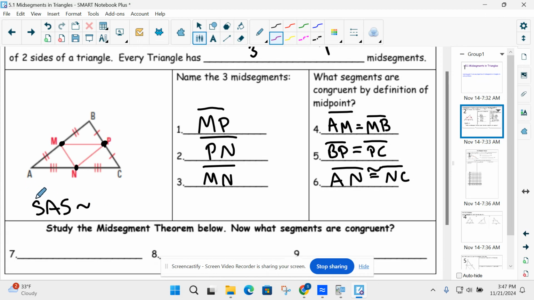So if you know two sides are proportional and the angle in between them is congruent, then the triangles are similar. That means if you have triangle ABC and triangle AMN, two sides are 1/2 of the length of two sides of the larger triangle, and the angle that's included is one that they both share.